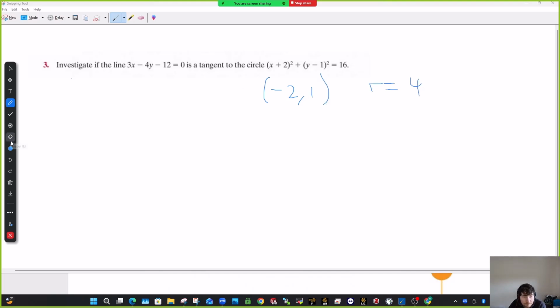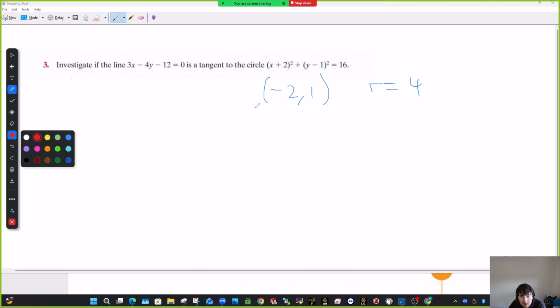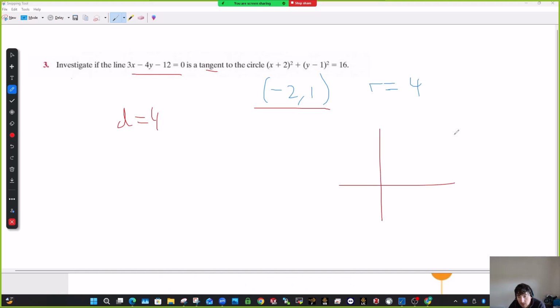All we got to do is show that the perpendicular distance between this point and this line is equal to 4 as well. Then that line is a tangent, because the distance from the center is also equal to the radius of the circle.